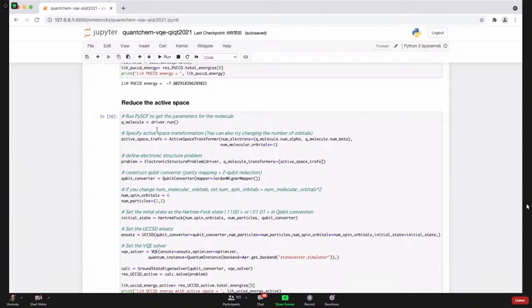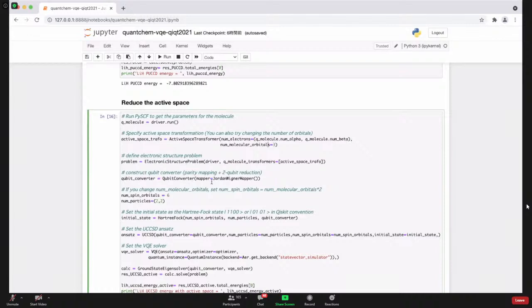First we run the PySCF simulation, and then we use an active space transformer so that we could change the problem size. So we need the information of the number of electrons and the number of orbitals. This should be 6 as a full size problem, so we're reducing it to 3.